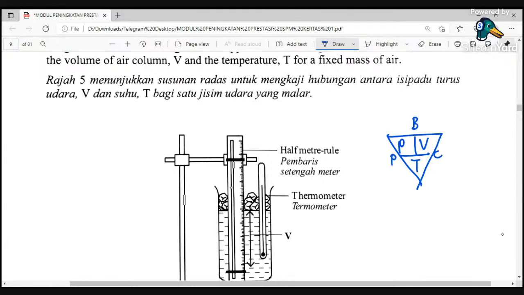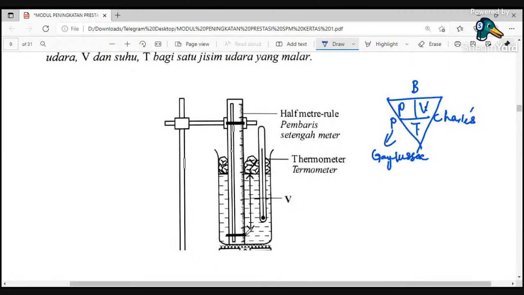Pressure law now become Gay-Lussac's law. Okay, so V and T is Charles' law. Charles' law. Nampak diagram sini.